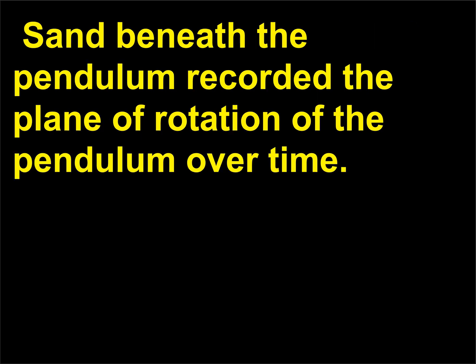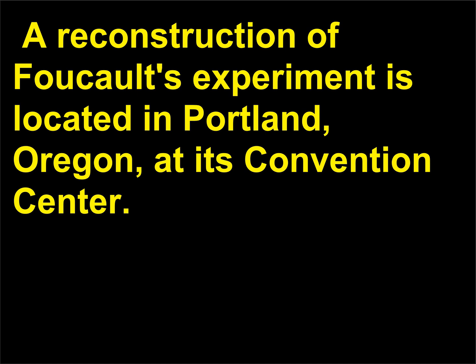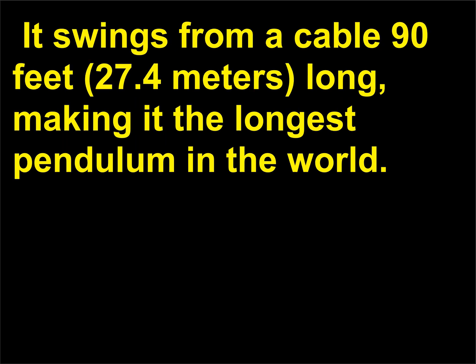Sand beneath the pendulum recorded the plane of rotation of the pendulum over time. A reconstruction of Foucault's experiment is located in Portland, Oregon, at its convention center. It swings from a cable 90 feet, 27.4 meters, long, making it the longest pendulum in the world.